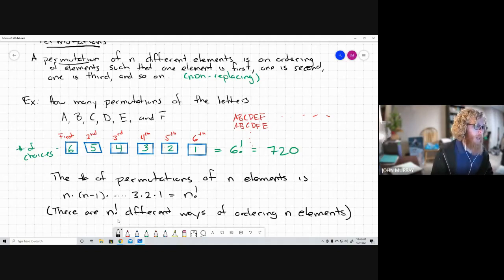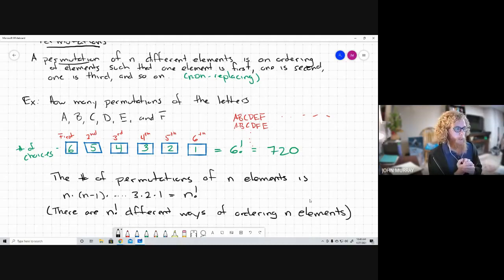Okay, another way to think of it is there are n factorial different ways of ordering n elements. All right, so as long as nothing else fancy is going on, it's very straightforward.